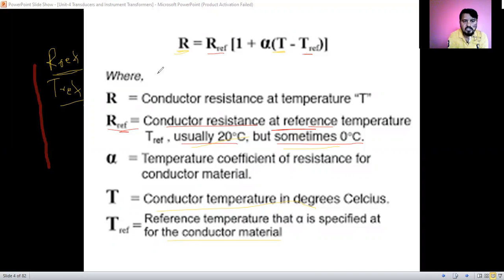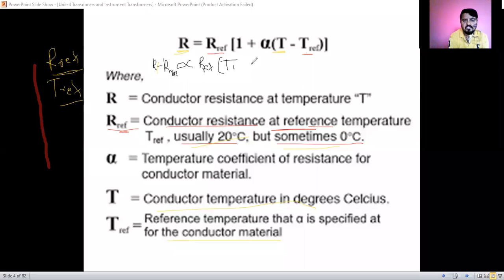Actually, the actual formula will start from here. I will just note it down here only. R minus R reference is directly proportional to the reference resistance, R reference, into T minus T reference.